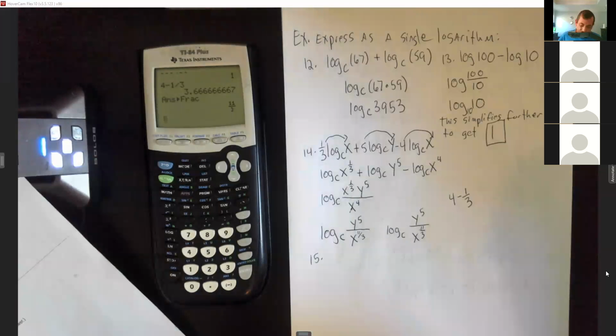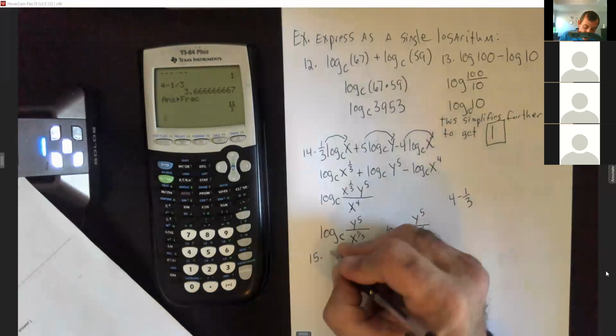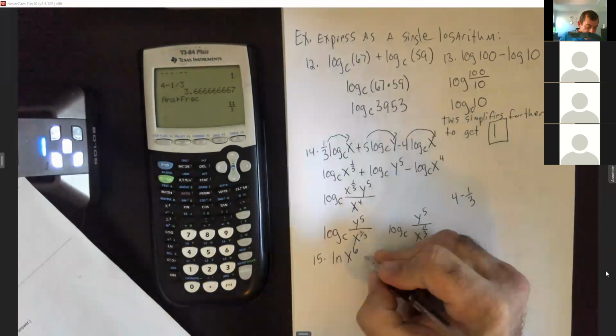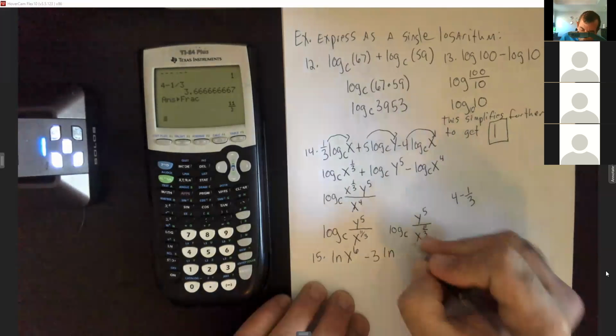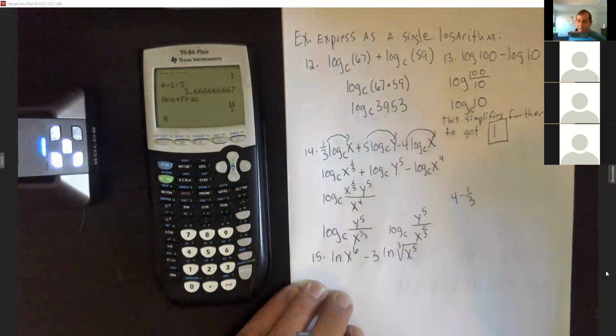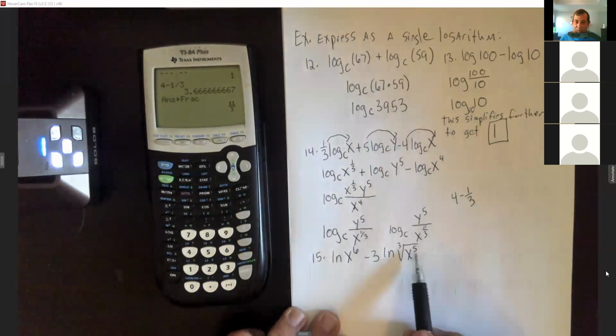Oh, y'all, let's see what we got here. This one's an ln. ln x to the 6th minus 3 ln cube root of x to the 5th. All right, so the first thing we're going to do is rewrite this without the radical.